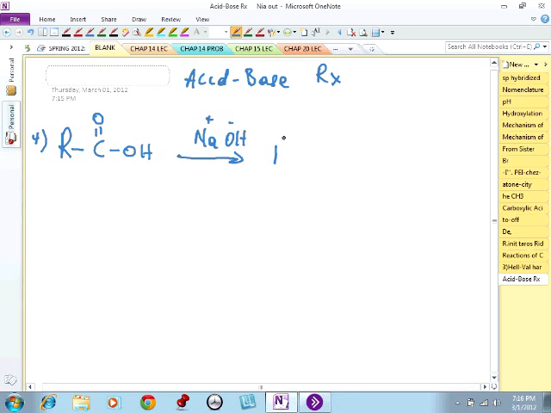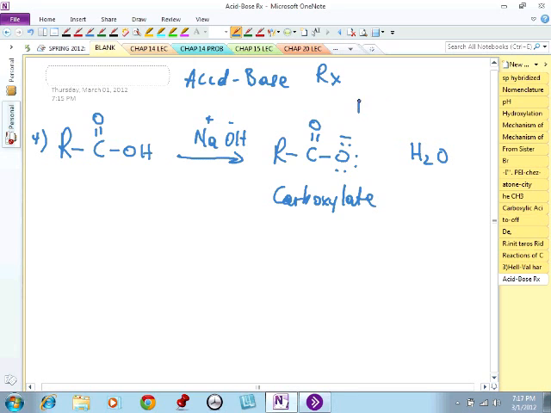So we will be able to make this here, okay, we make the carboxylate. So the sodium is somewhere just hanging around here somewhere. We make the carboxylate. Now, so we say this hydrogen is acidic.